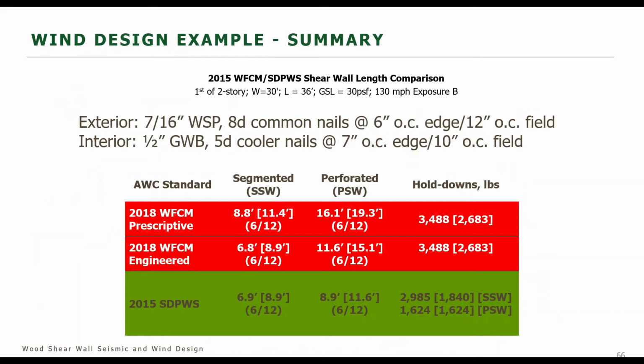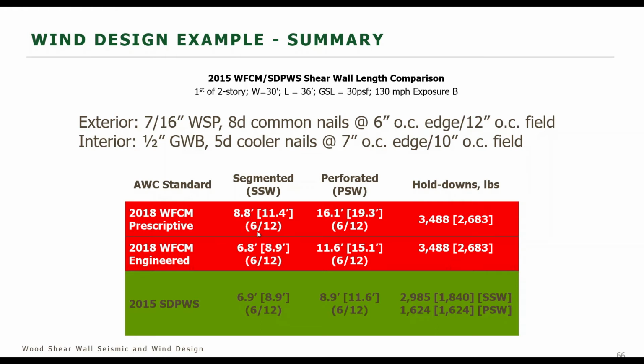This is our summary slide for our wind design examples. So the first numbers you see are the heights, the required full height sheathing for the walls with the gypsum interior contribution. The numbers next to it in the brackets would be the wall without the interior gypsum. Our nailing schedule didn't change for any of our walls.